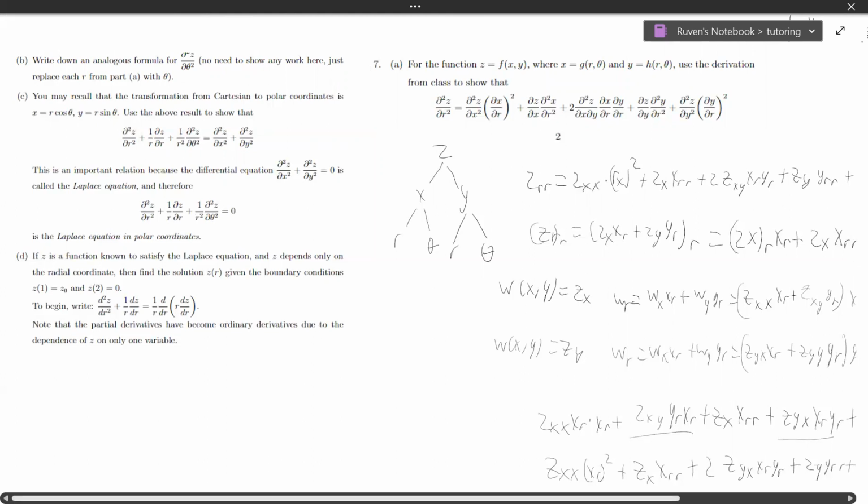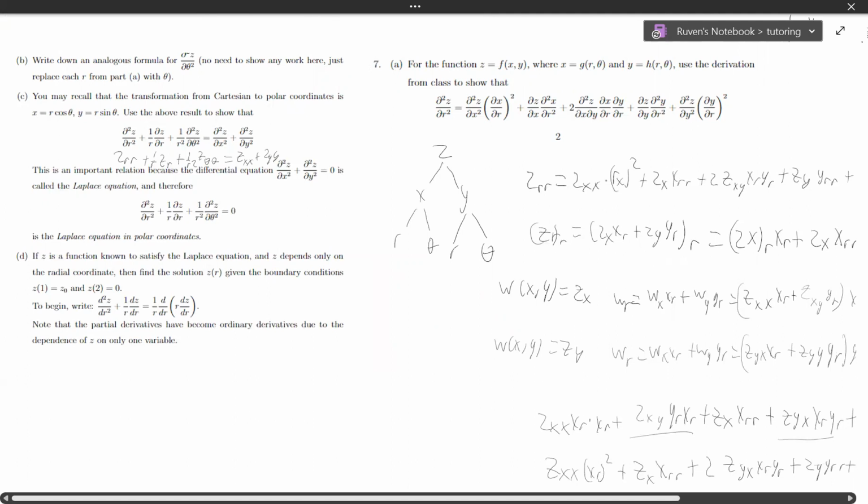So let's do it. What we right away notice is that on the left here, this is zrr, plus 1 over r zr, plus 1 over r squared z theta theta. On the right side, we get zxx plus zyy.